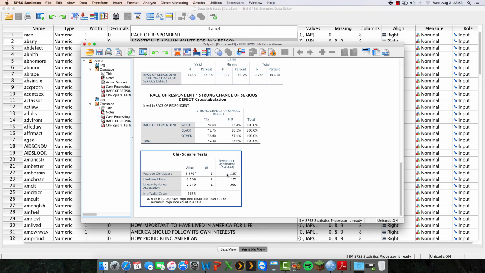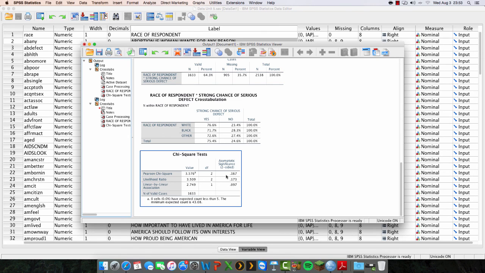So looking at the chi-square test, Pearson's chi-square with a value of 3.576, 2 degrees of freedom, and an asymptotic significance, a p-value, of 0.167. Way above, again, our critical value of 0.05.